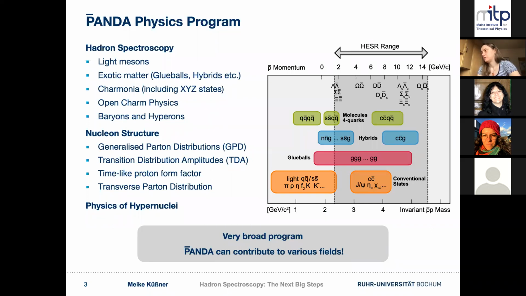Nevertheless, PANDA also aims to study the nucleon structure with different distributions, for example generalized parton distribution functions, the time-like proton form factor and transverse parton distribution functions, and also hypernuclei in another stage. So you see that the PANDA program is rather broad, and hopefully PANDA can contribute to various fields.